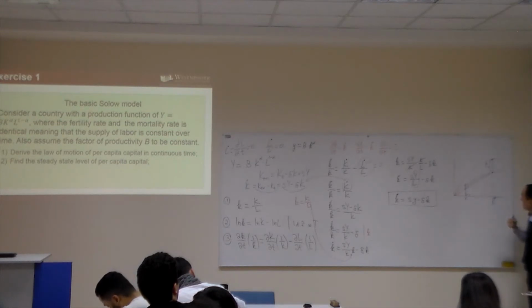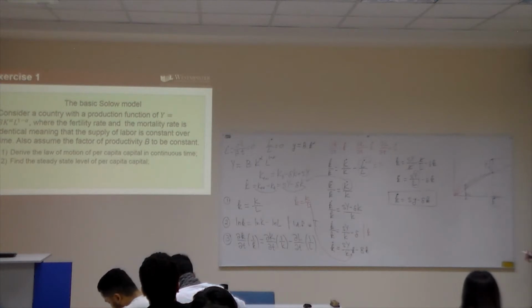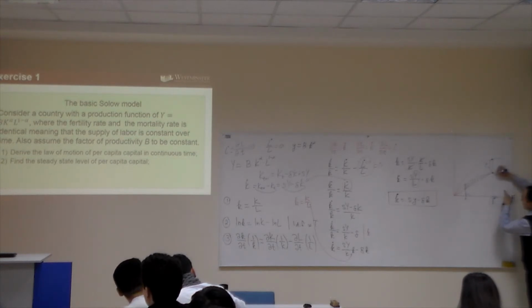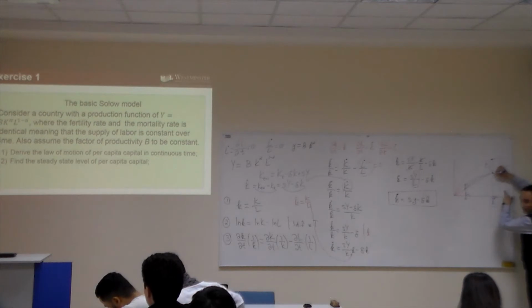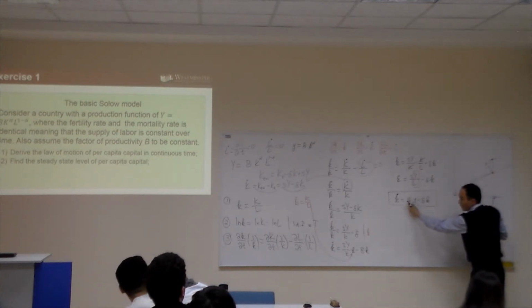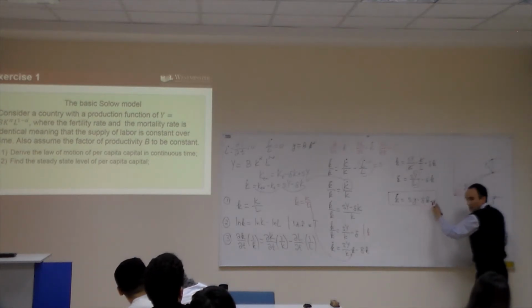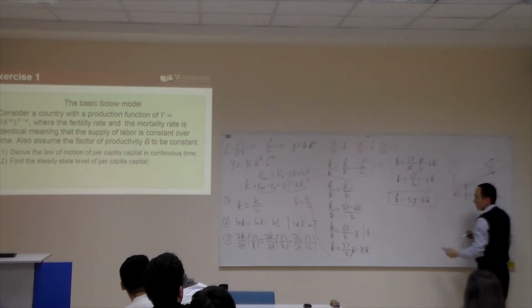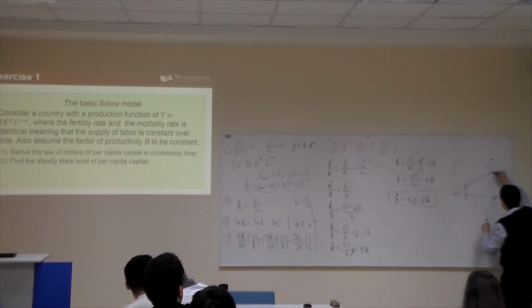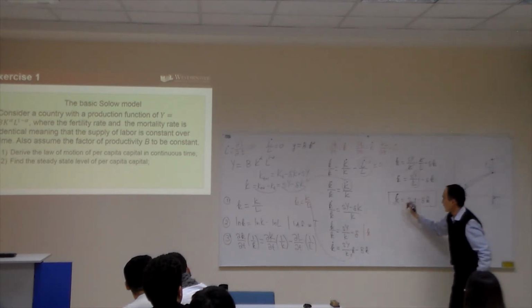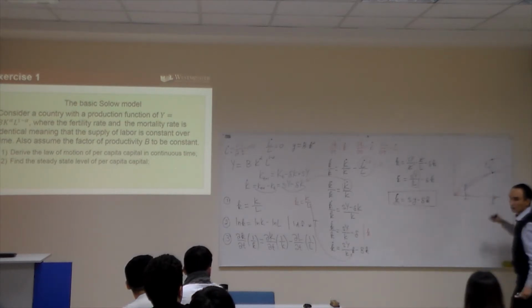Okay? So now we are asked to find this steady state level of per capita capital. We already made arguments that investment and saving are going to be the same, which means that it is investment, it is depreciation. So now, the difference between these two, the change in per capita capital, is going to be 0.